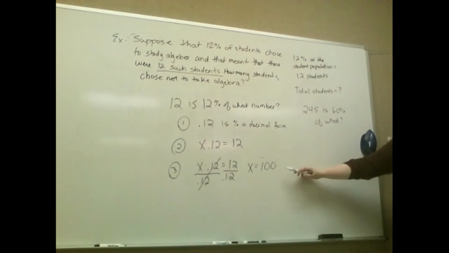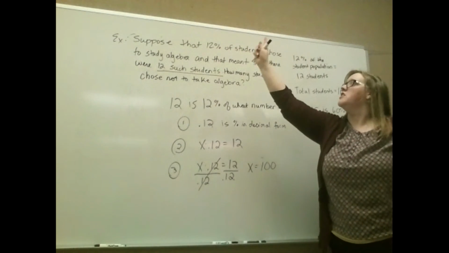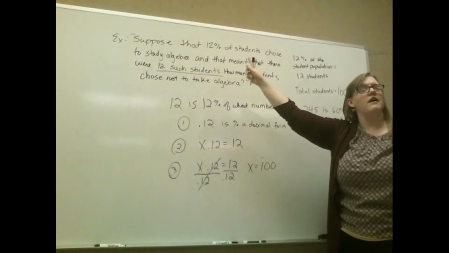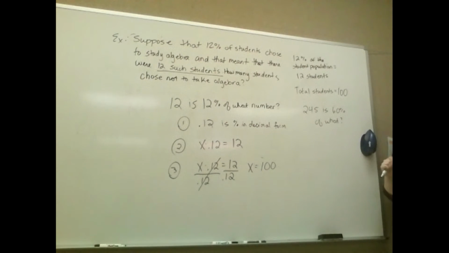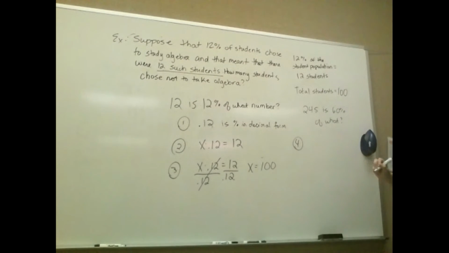All right, so now that we know our total student population is 100, I can put that here. If we have 100 students, 12 took algebra, how many did not take algebra? What did you get, Taylor? 88. 88, that's right. And how did you get that? You're like, I magically swiped my calculator and it appeared.